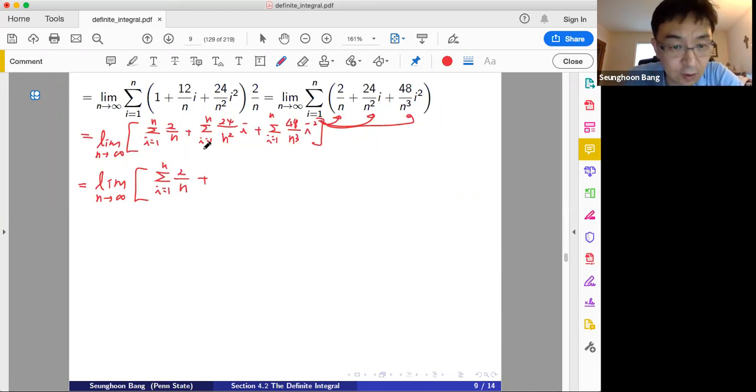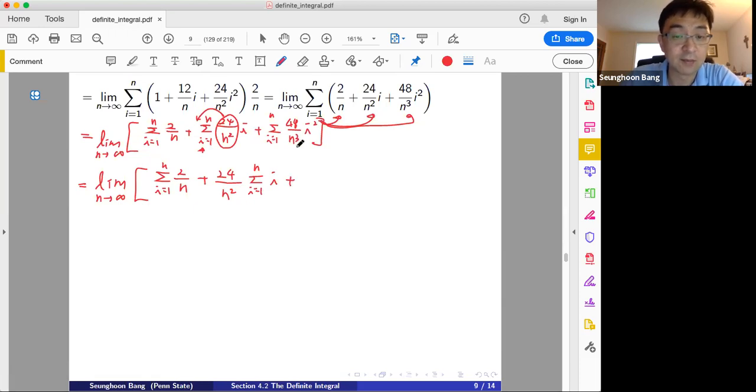Is it like a variable? i is a variable. The 24 over n squared doesn't have i, so it's a coefficient; take it out. The 24 over n squared times summation i equal 1 to n of i.